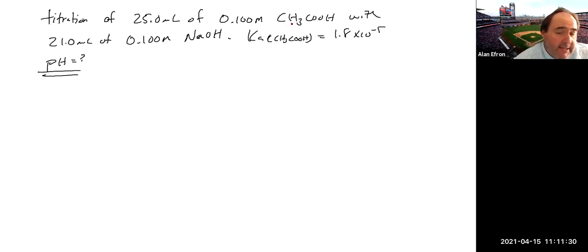First off, I've got acetic acid and sodium hydroxide. I've got a Ka value for acetic acid, so that automatically tells me, if I was not sure, that I'm dealing with a weak acid. We hopefully should know that sodium hydroxide is a strong base. So I could know just from the outset that I'm dealing with a weak acid and strong base situation.